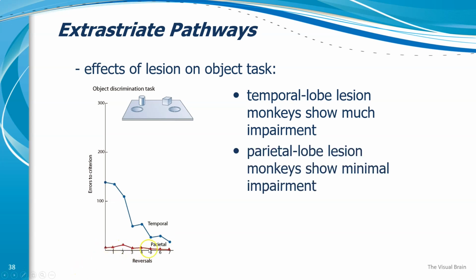I know this graph is very low. That just means they're making very few errors. In other words, the parietal lobe lesion group is having no difficulty with this object task. So what is being disrupted? The what pathway. The what pathway in the temporal lobe. Exactly what we would expect.